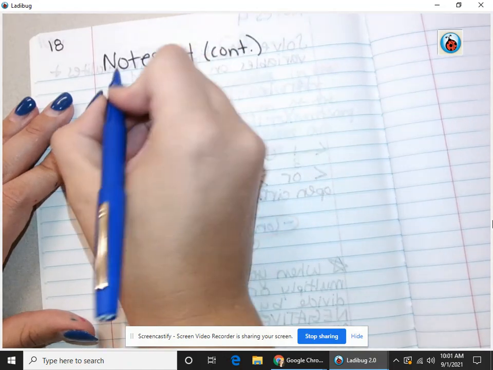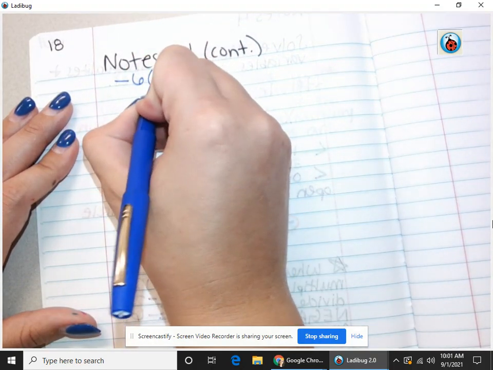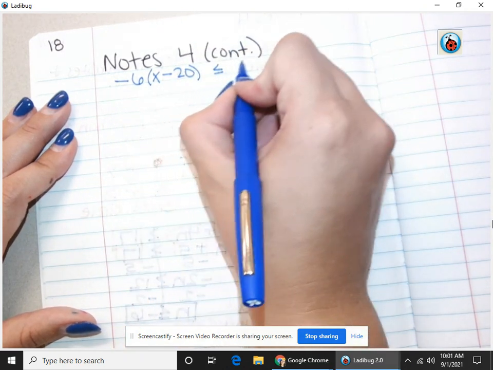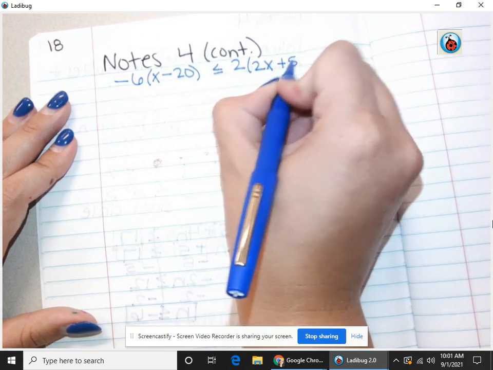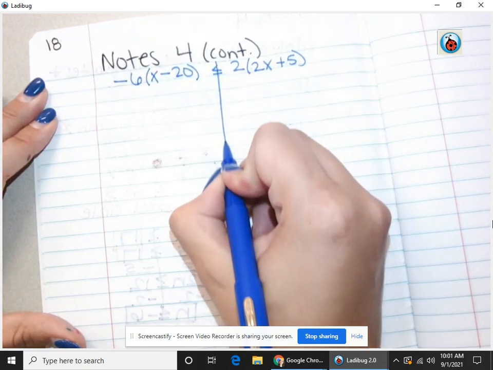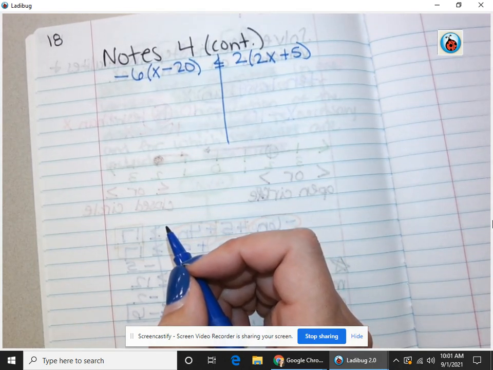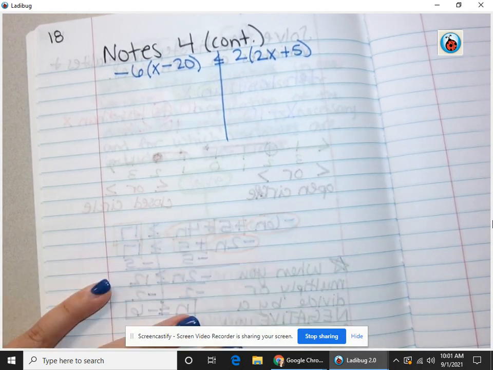And so I've got negative 6x minus 20 is less than or equal to 2 times 2x plus 5. So, what's my first step?